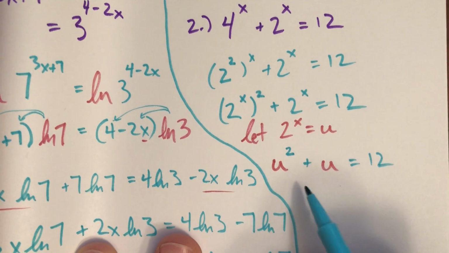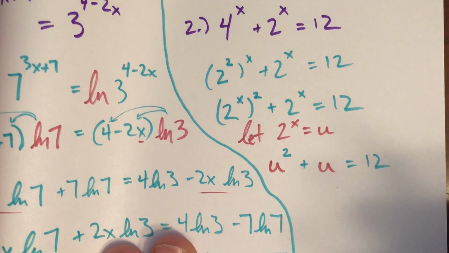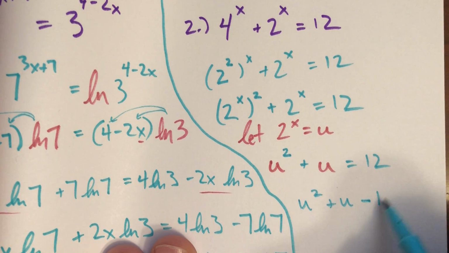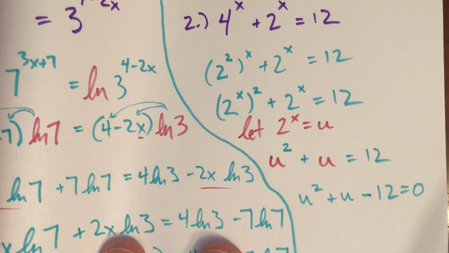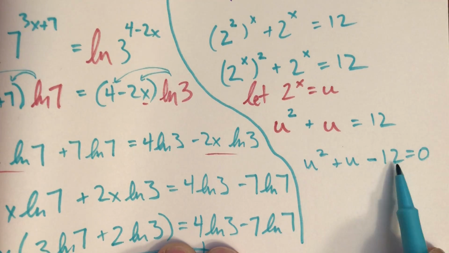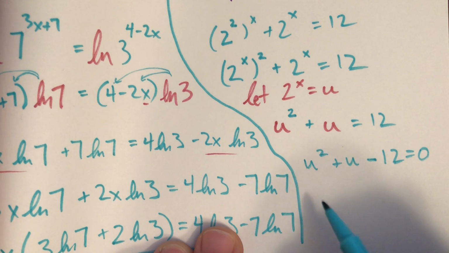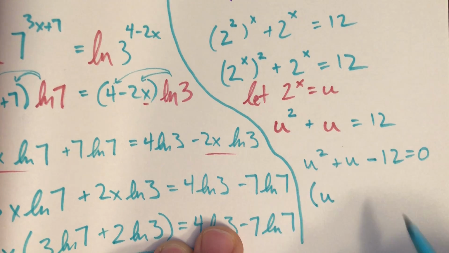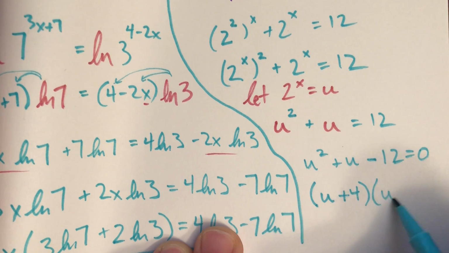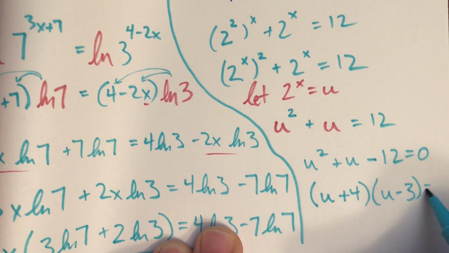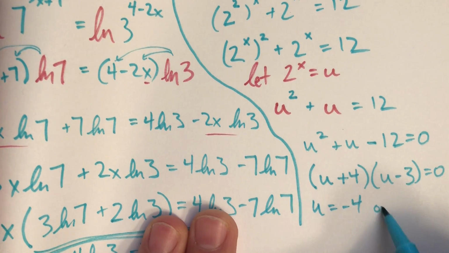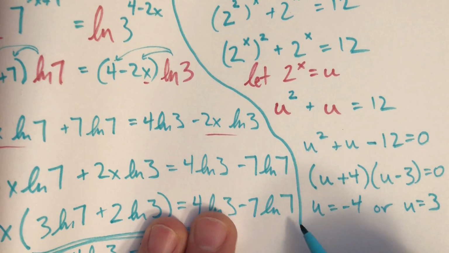We have something of quadratic form, so we're going to factor it. We want to put everything on one side, 0 on the other, and now we can factor this. Two things that multiply to be negative 12 and add to be 1: we would have 3 and 4. So we got a positive 4 and a minus 3. That tells us that either u is negative 4 or u is 3.